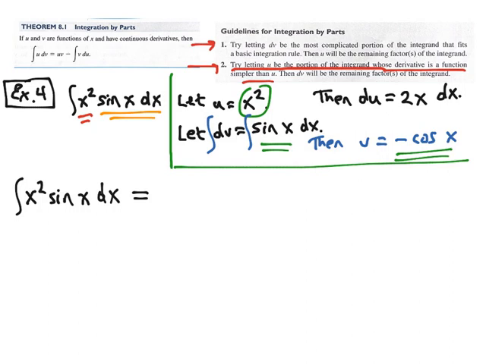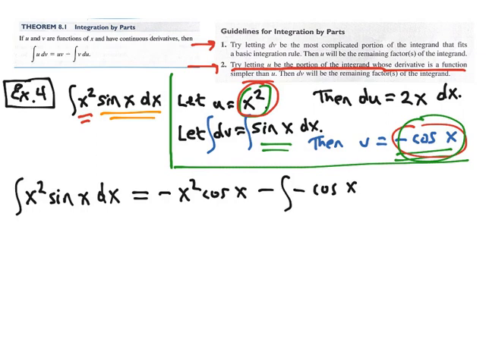So we've got uv, so that gives us negative x squared cosine x minus the indefinite integral of v du. And v is negative cosine x, as you can see here. So we have negative cosine x.